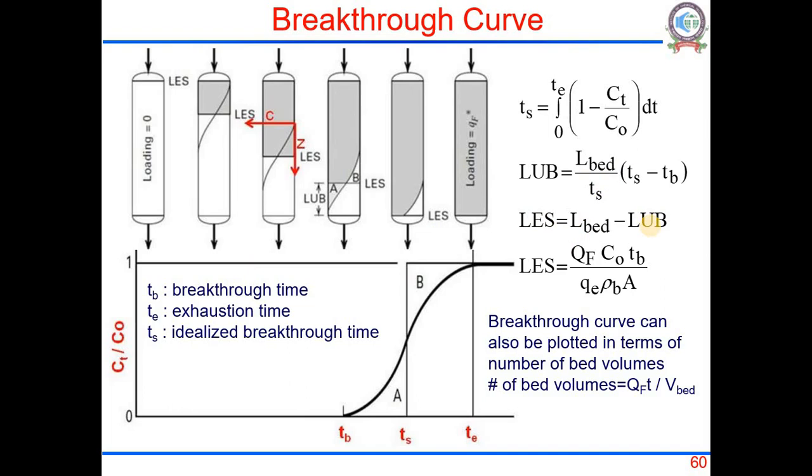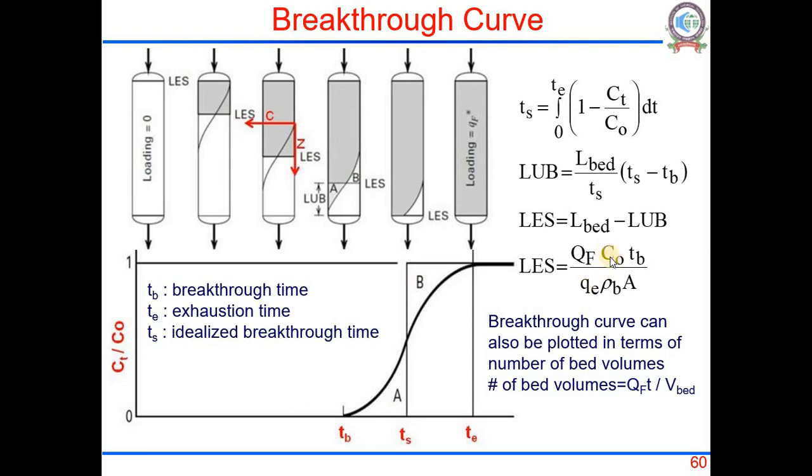And the length of the equilibrium section we could also write from the amount that is getting adsorbed. So QF is the flow rate, C0 is the inlet concentration. So this would be the rate at which the solute is coming in, multiplied by time. This is the total amount of solute that has come in, divided by the volume of the bed, and QE would be the equilibrium loading in equilibrium with this C0.